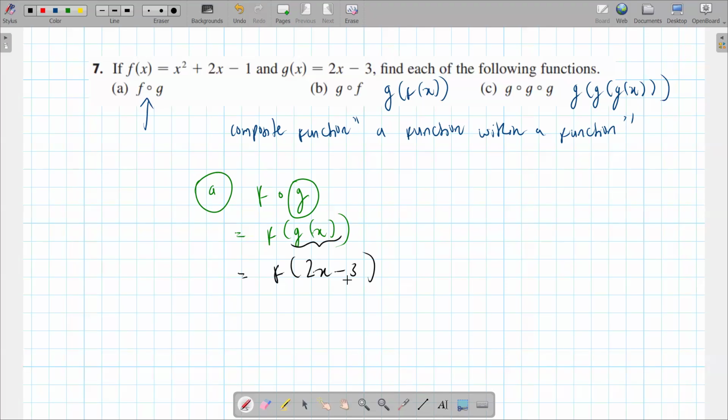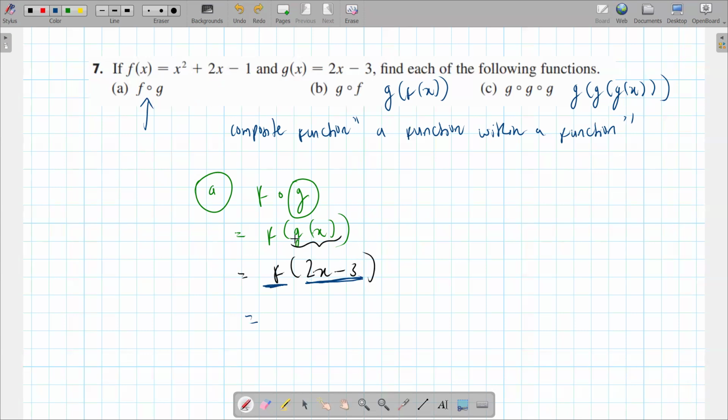Now, this is the trickiest part, the next step. What's going to happen now is that on the inside you have 2x minus 3, on the outside you have an f. So the solution to this will be you have to plug this in as x. That's your new x into the f function. Whatever's in the bracket, you have to replace x's with that.